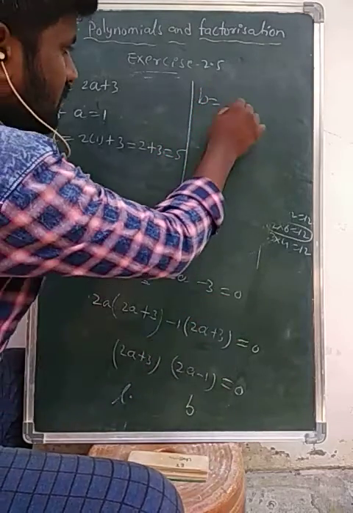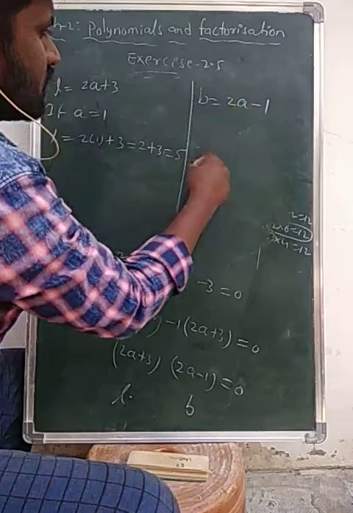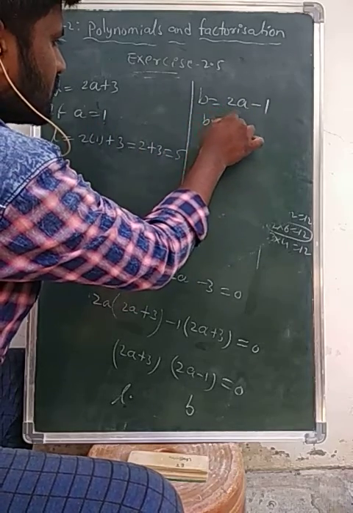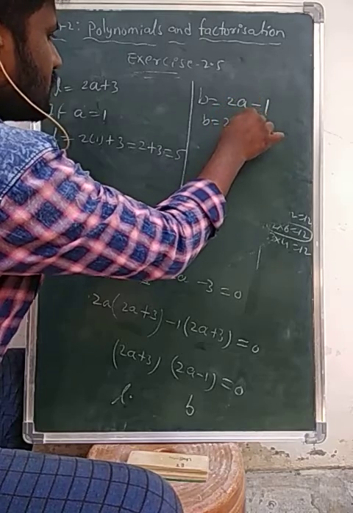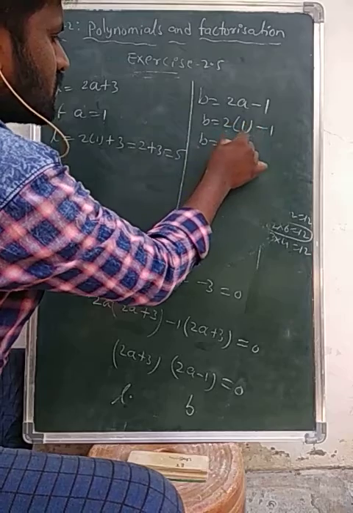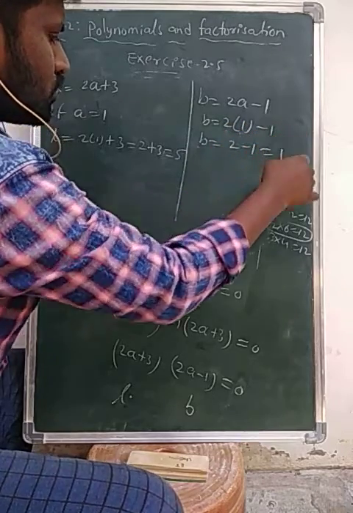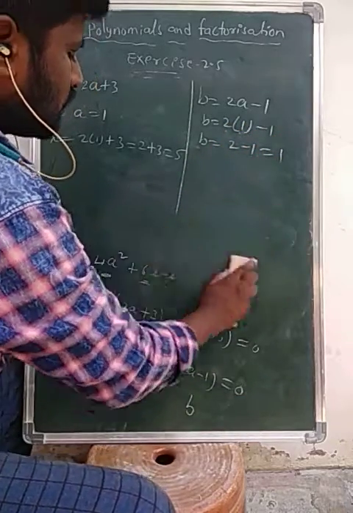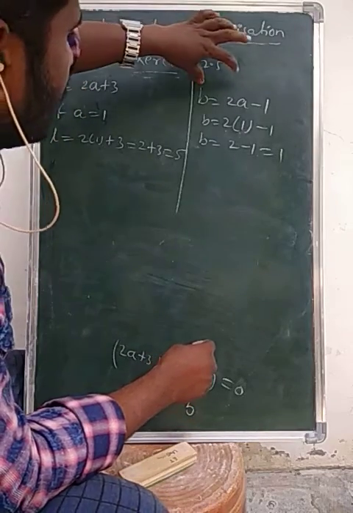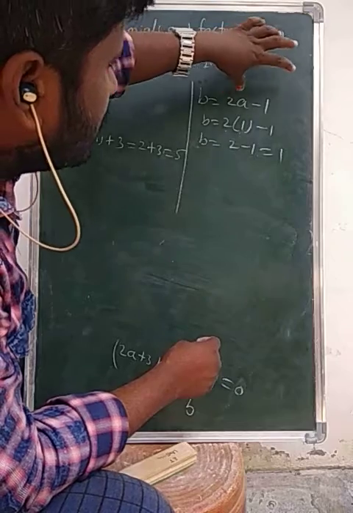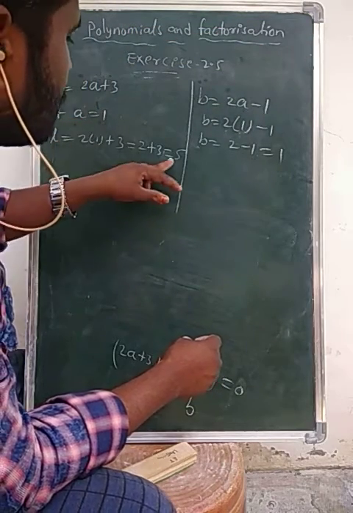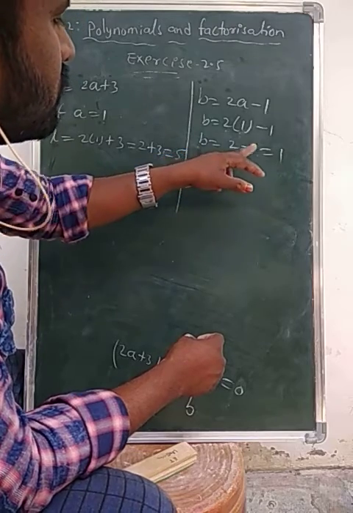Breadth is equal to 2a minus 1; with a equal to 1, breadth is 2 minus 1, that is 1. So for a value 1, length is 5 and breadth is 1.